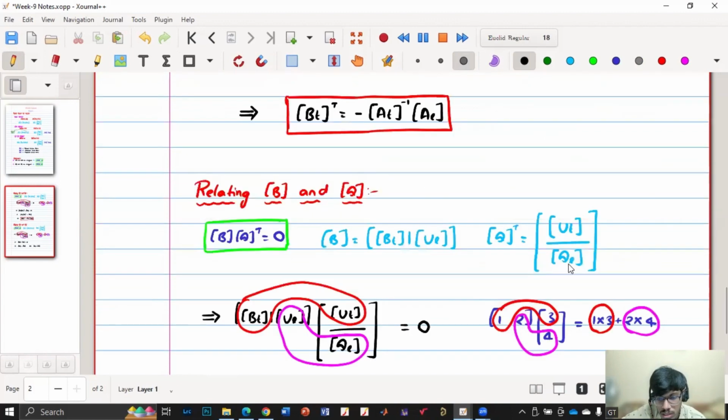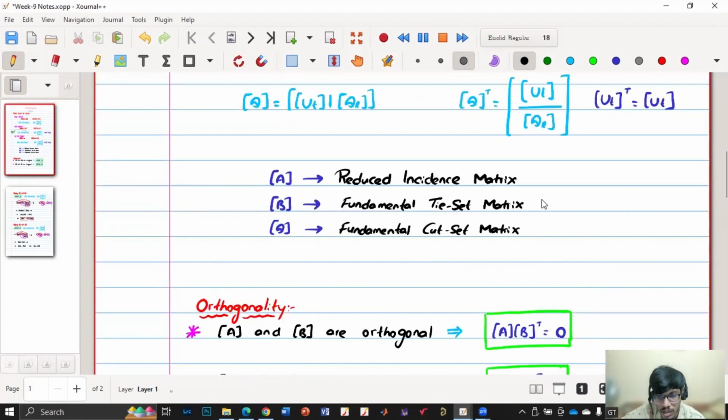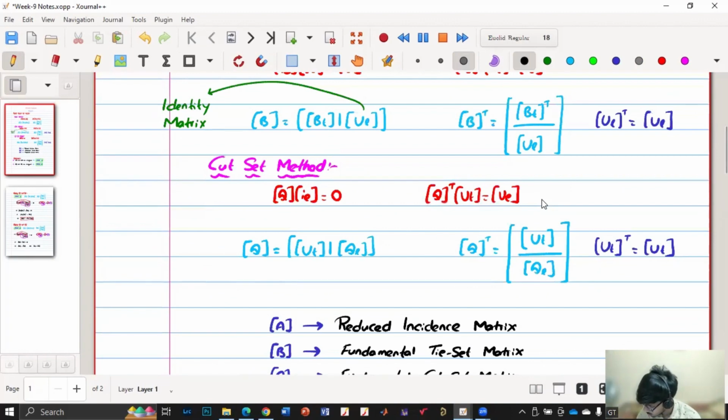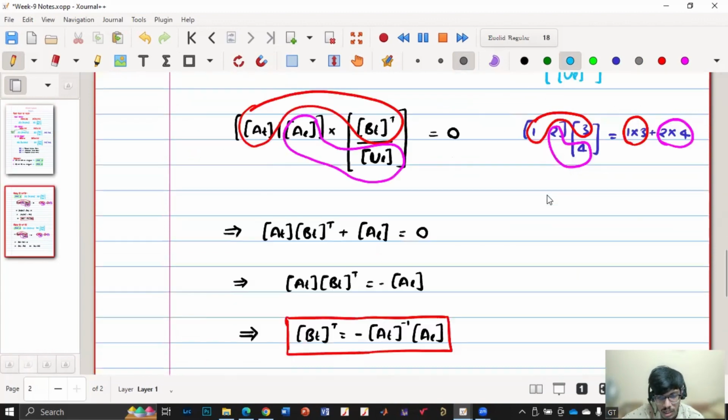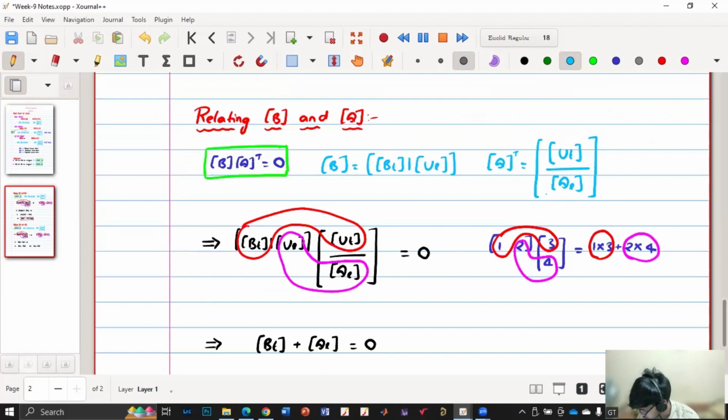Sorry, this is transpose. I have made one mistake here. So this is Q links transpose, because we are doing Q transpose, it should be Q links transpose. So the same mistake has been carried over here. So this is also Q links transpose, and this is also Q links transpose.